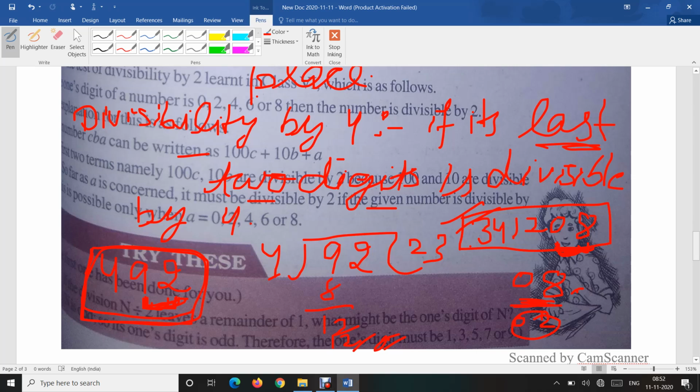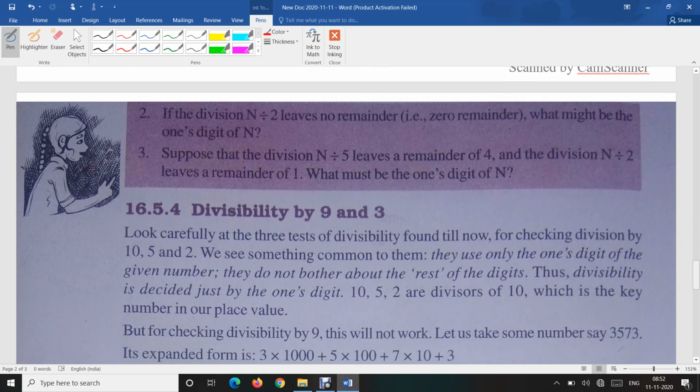Okay, now let us move towards the next, which is divisibility by 3. So a number is divisible by 3 if the sum of the digits is a multiple of 3.